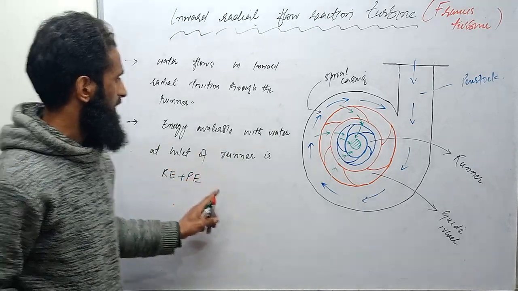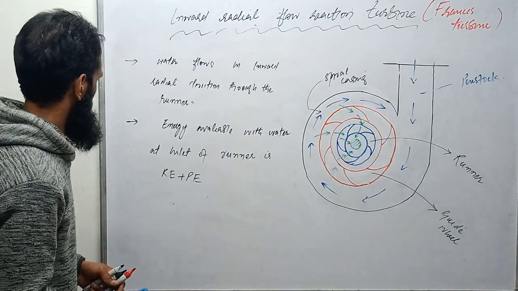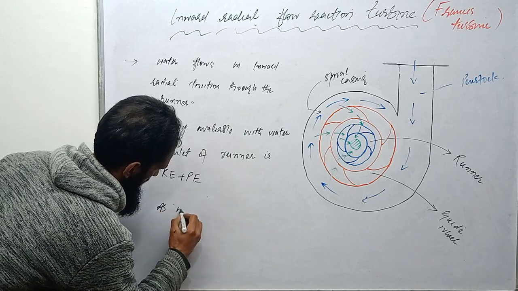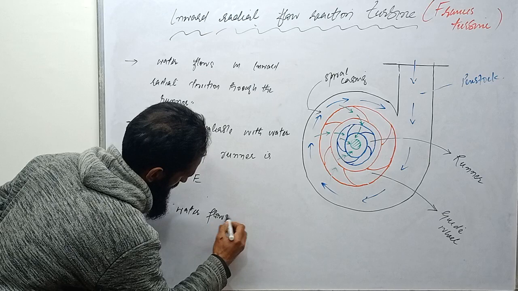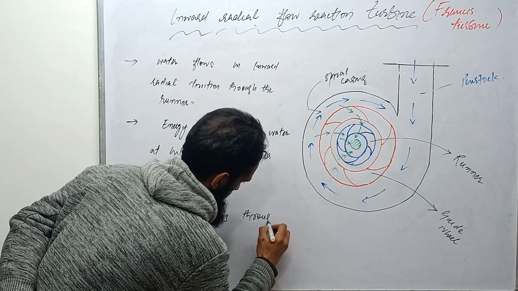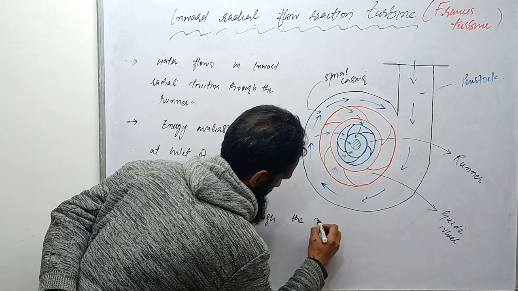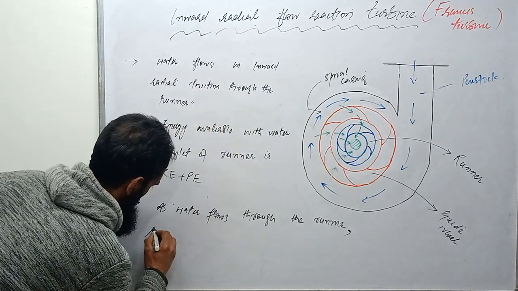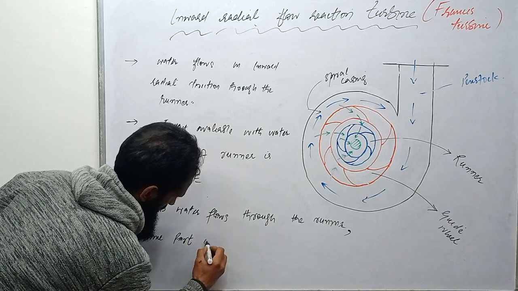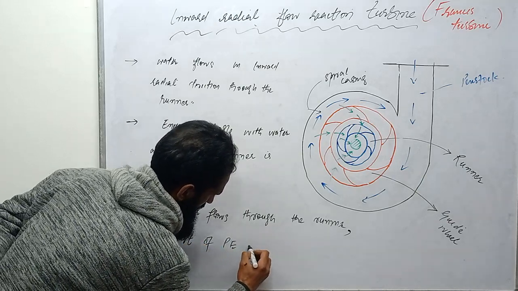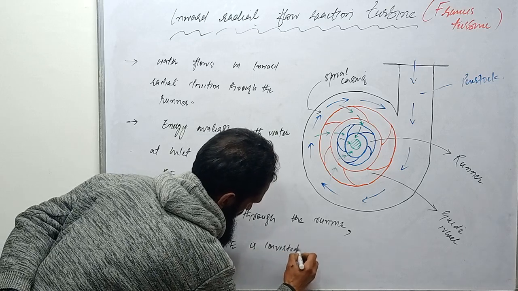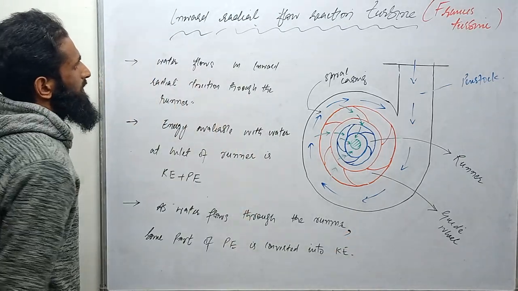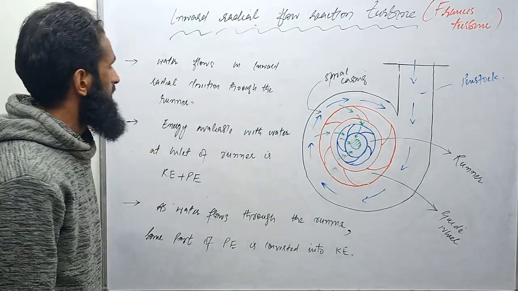And one more point in this is, as water flows through the runner, some part of pressure energy is converted into kinetic energy.